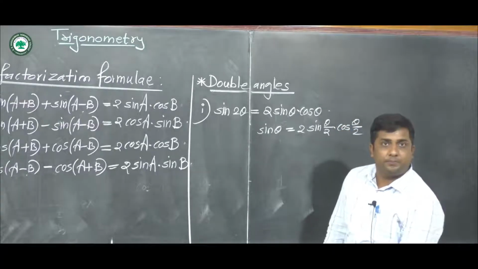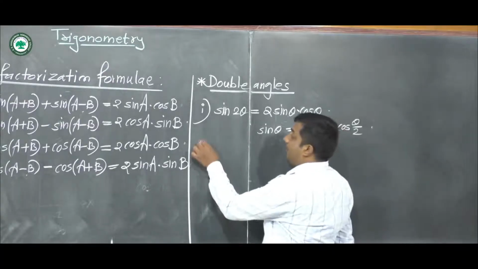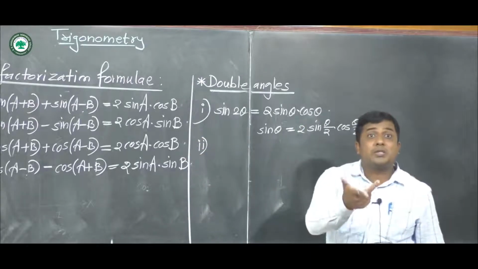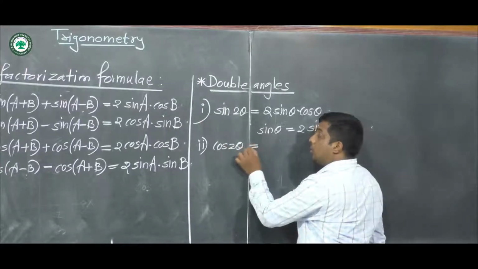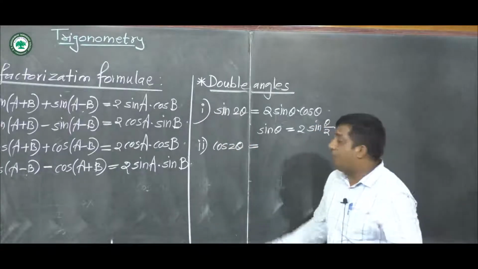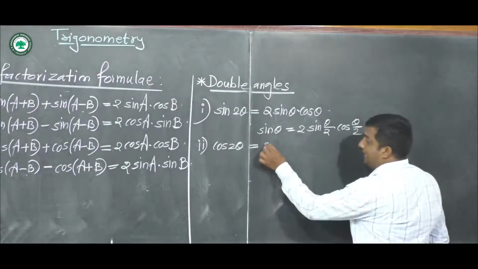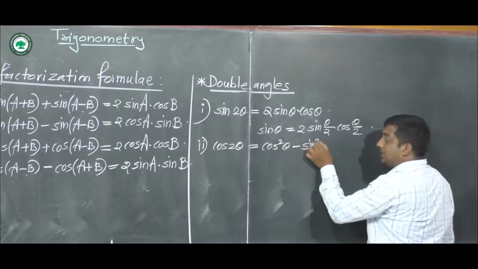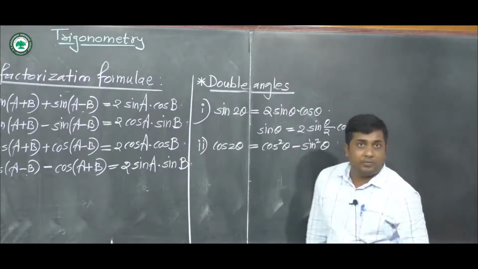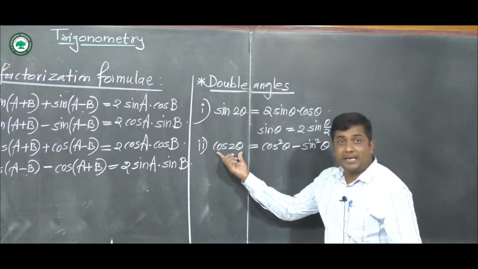Remember this point. Now we go with second one, and in that we consider cosine, that is cos 2 theta. Here for cos 2 theta our formula is cos square theta minus sin square theta. Remember, cos 2 theta is what?